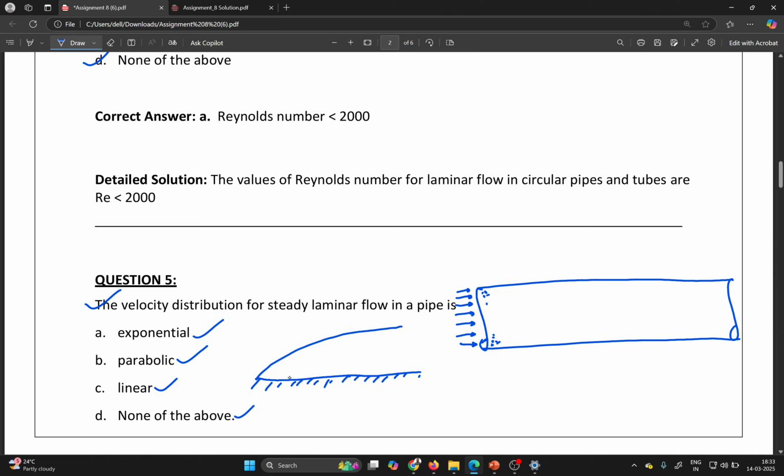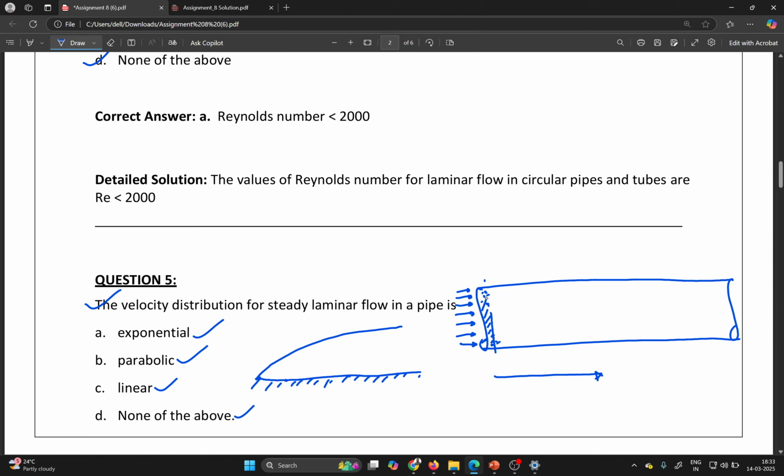As you all know, the effect of the wall will increase in the x direction. At this section, if you consider, the mass will be very, very less.